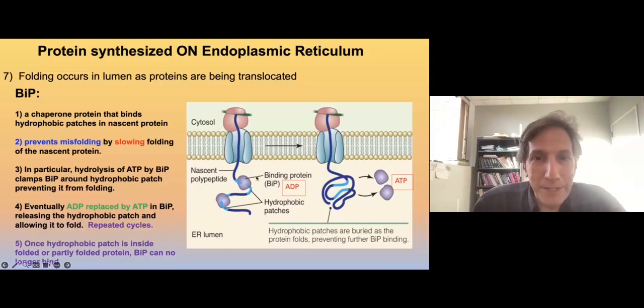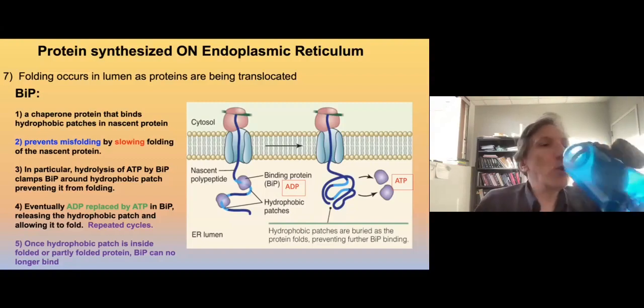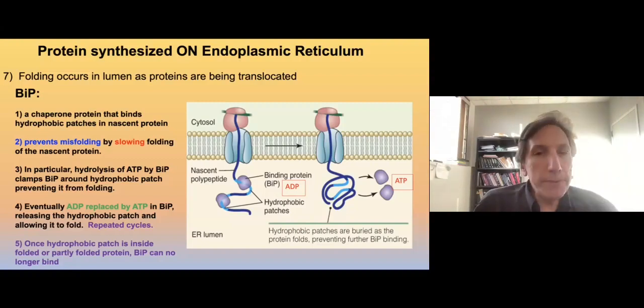It's like a timer because eventually that ADP will be replaced by ATP, as is shown here. And when the BiP-ADP that's bound here converts to BiP-ATP after some period of time, then it's released from the hydrophobic patch. And so now that hydrophobic patch has time to find another hydrophobic patch.